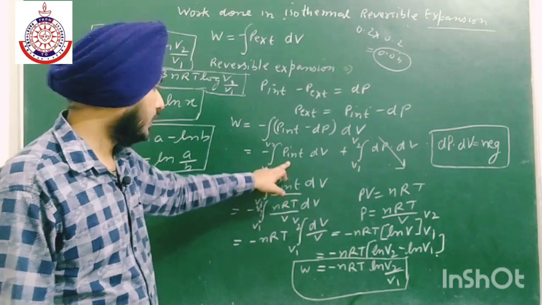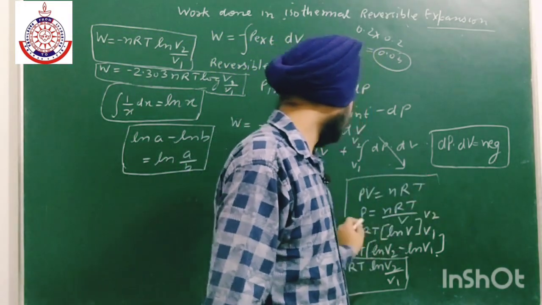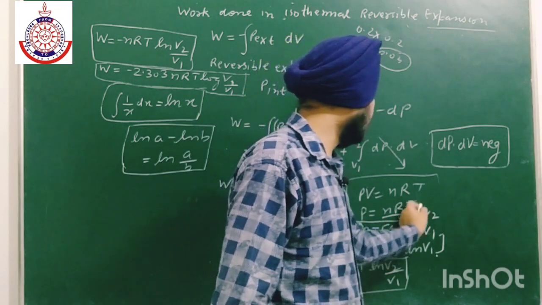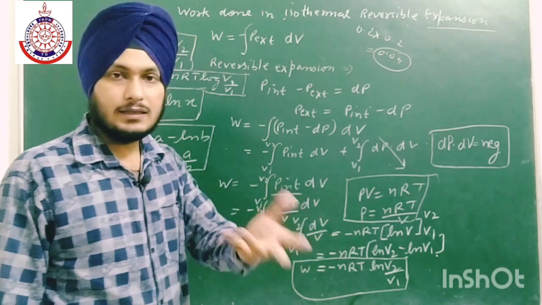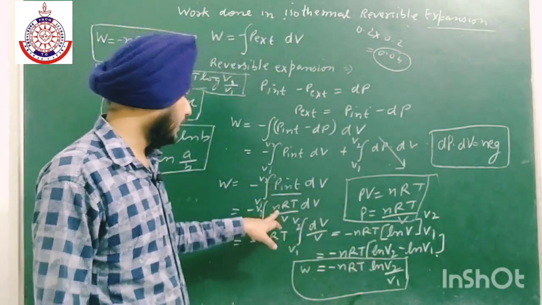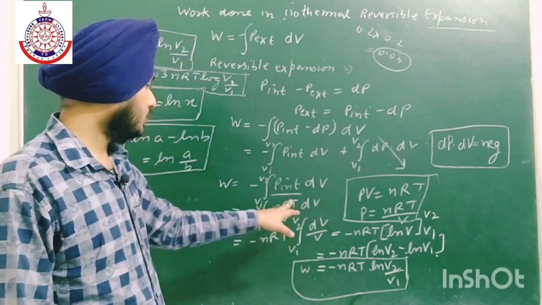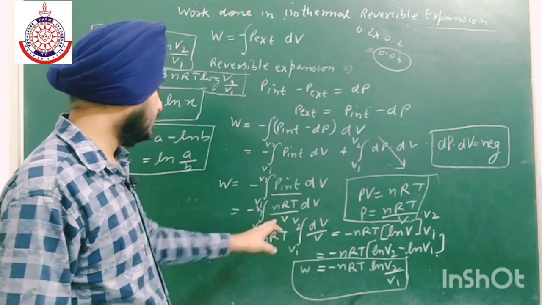And from here we all know that the ideal gas equation is PV is equal to nRT. From here P internal is the pressure of the gas, which comes out to be nRT by V. Now n is the moles, which is constant, R is also constant. Temperature, we are taking the isothermal case, then temperature will also be constant.